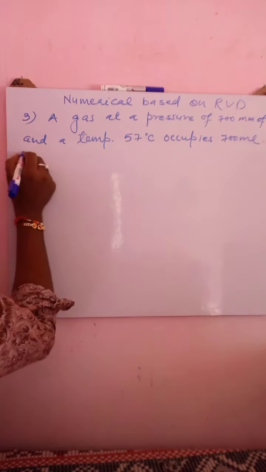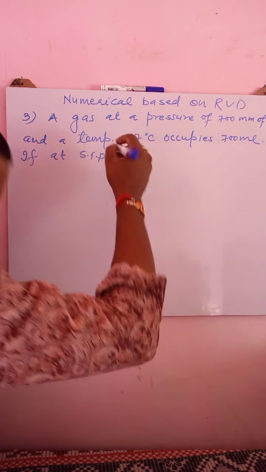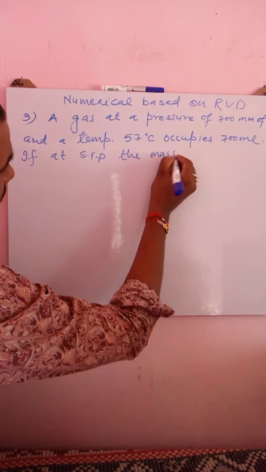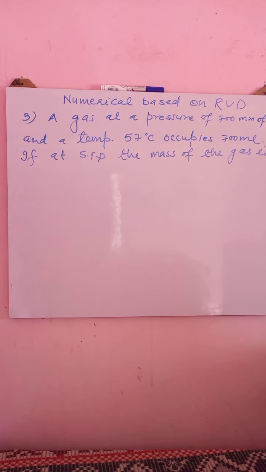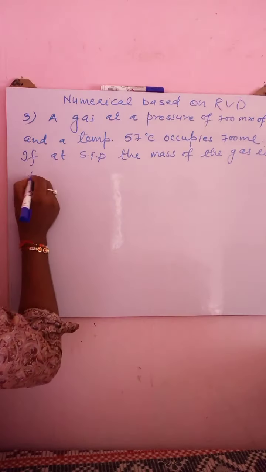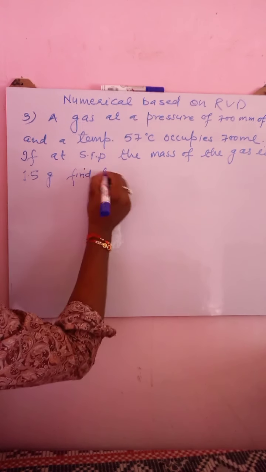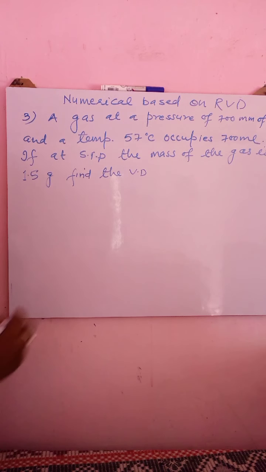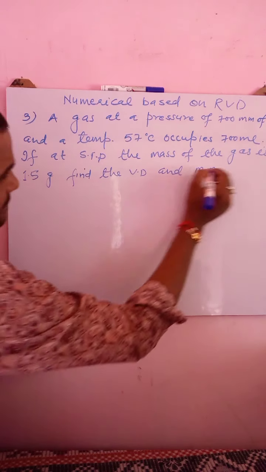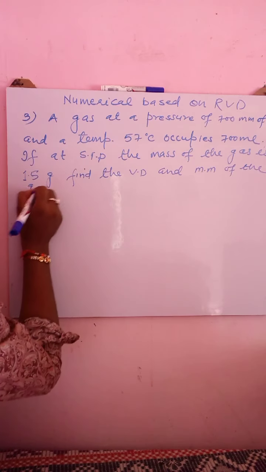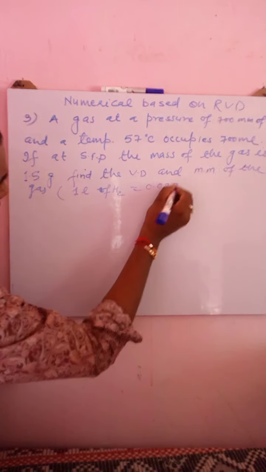If at STP the mass of the gas is 1.5 gram, find the vapor density, VD, and the molecular mass of the gas. Given 1 liter of H2 weighs 0.09 gram.